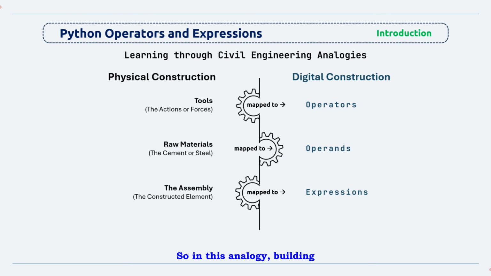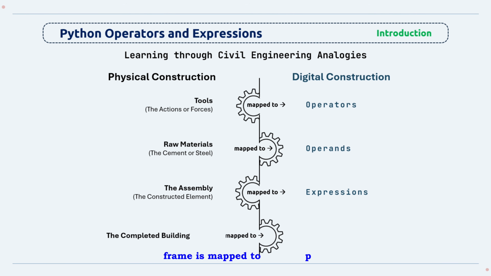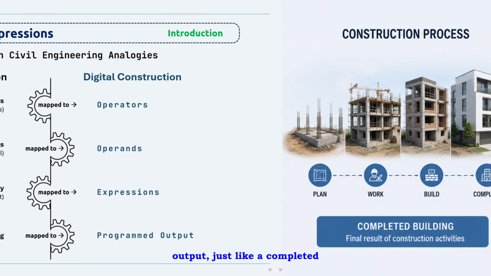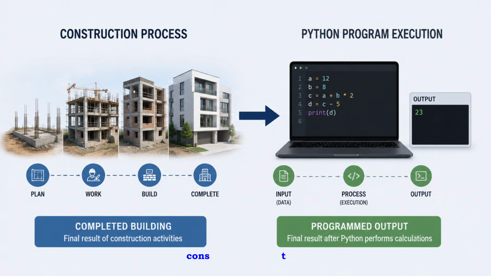So in this analogy, building frame is mapped to program output. Just like a completed building is the final result of construction activities, program output is the final result produced when Python performs some calculations.